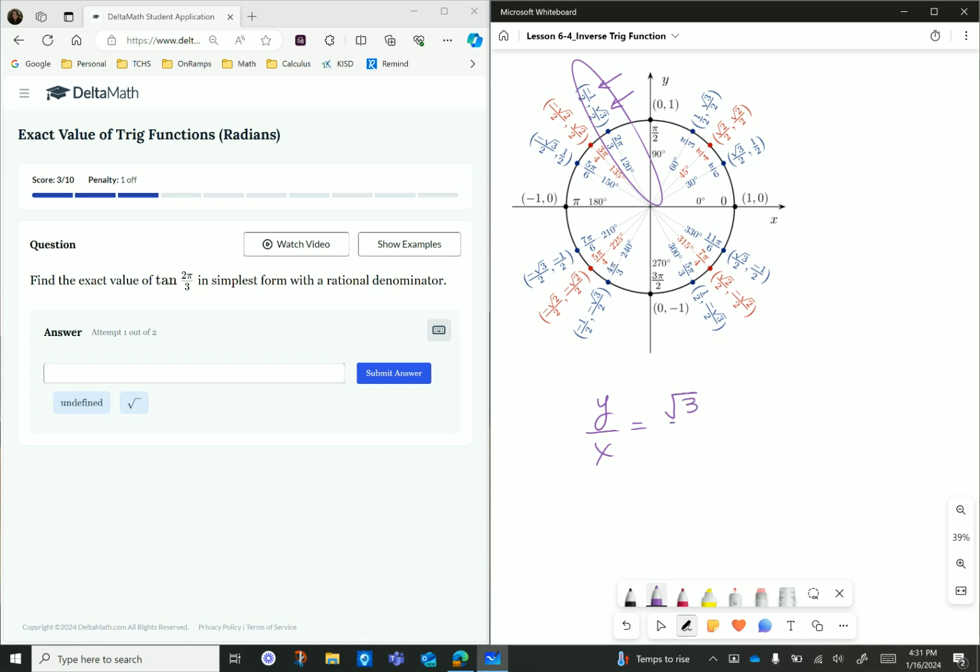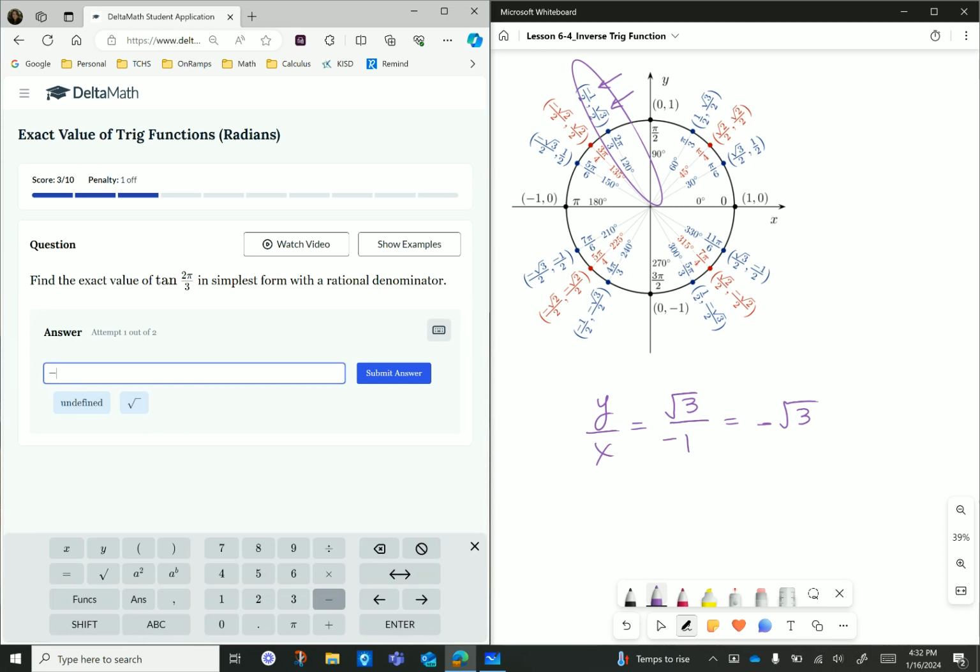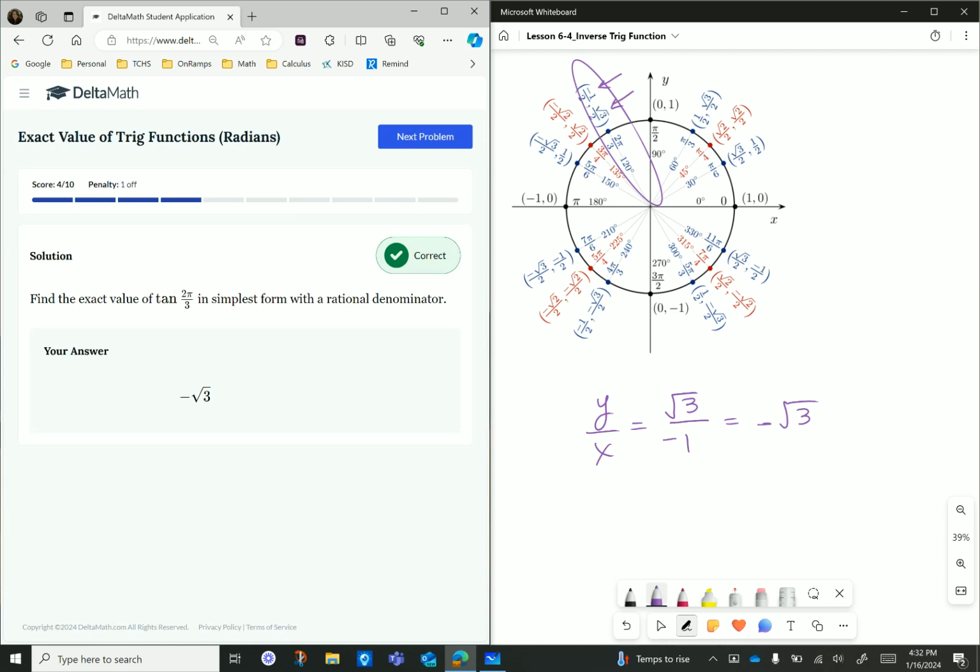So square root of 3 over negative 1 is just negative square root of 3. So let me type this answer, and then we are going to jump into what we're doing new in this new section. So hopefully that serves as a bit of a refresher of what you were doing in 6.3. Okay, so let's go to 6.4.